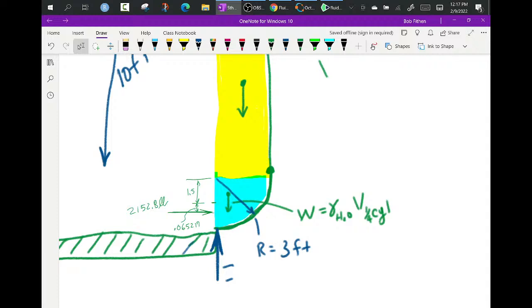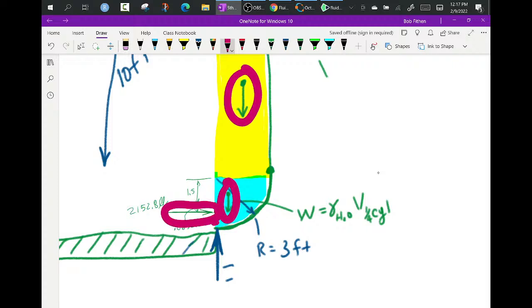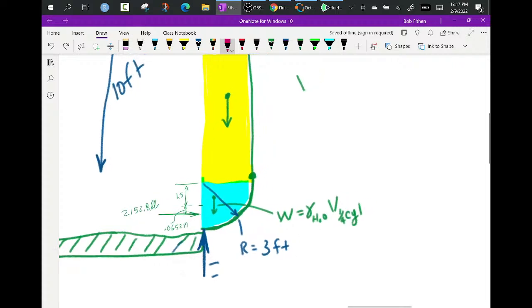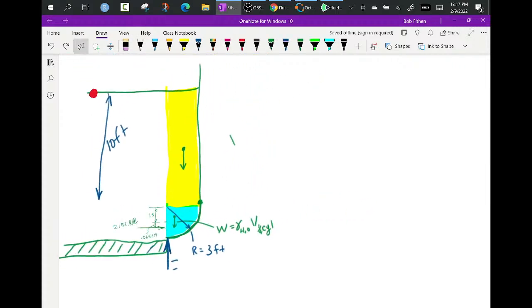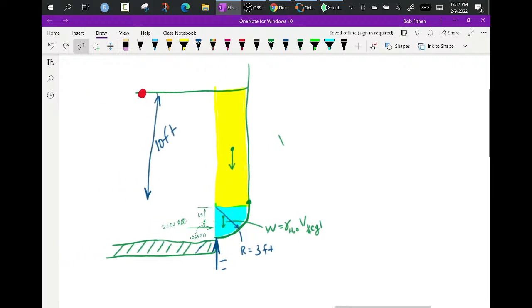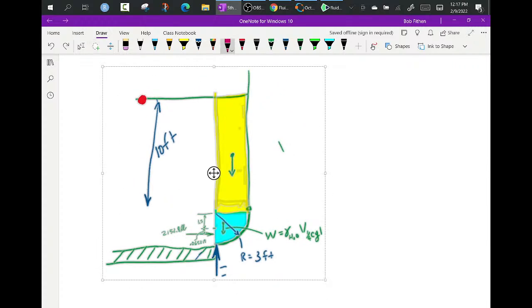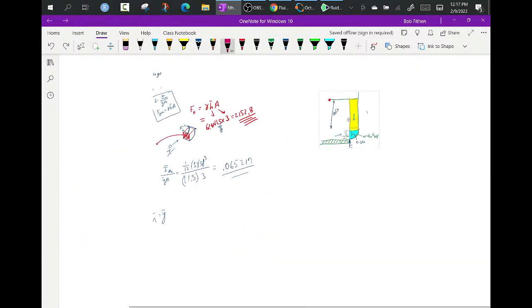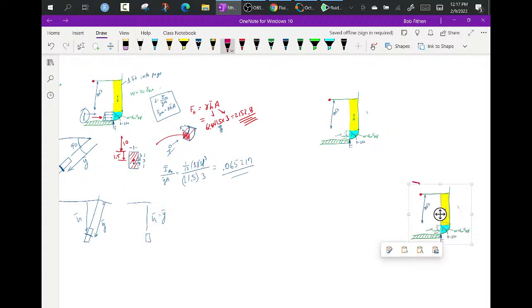Now, let's go up and calculate these other two forces, because what I've really got is only a few forces to deal with. This one, this one, this one, this one, and then the hinge force. What I'm going to do now is copy this thing yet again, move off to the right, and paste it.